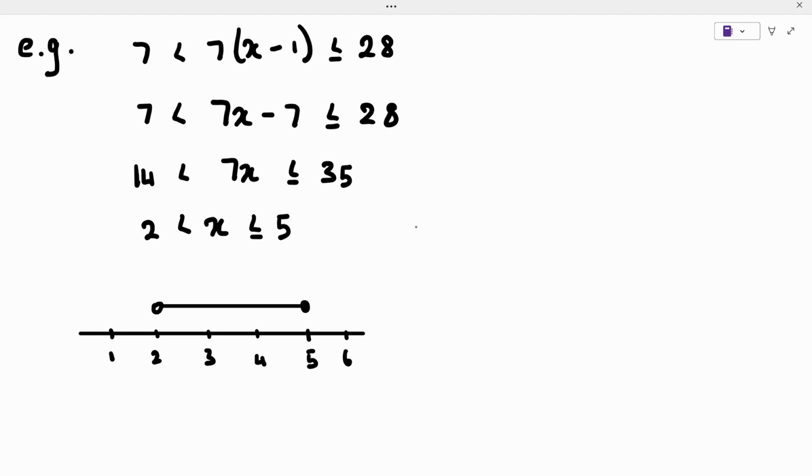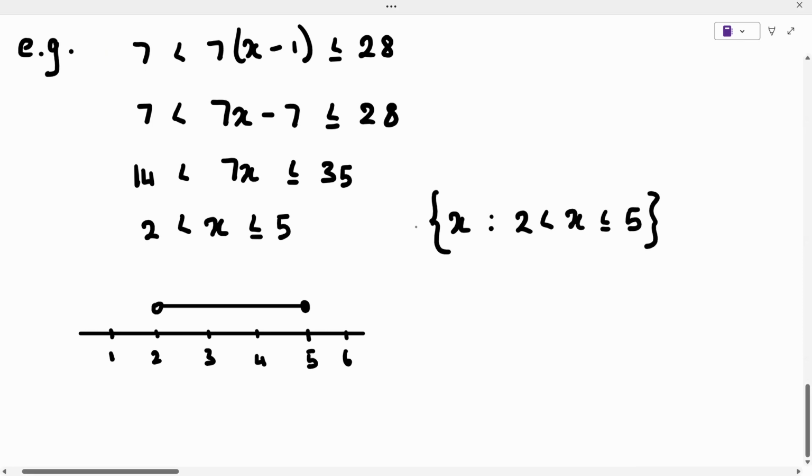So just in terms of how we represent the solution, we could use our set builder notation, right? So the values of x such that x is more than 2, but less than or equal to 5. Or we could use interval notation, which kind of describes what this number line is saying. So let's say x is in the interval 2, 5.